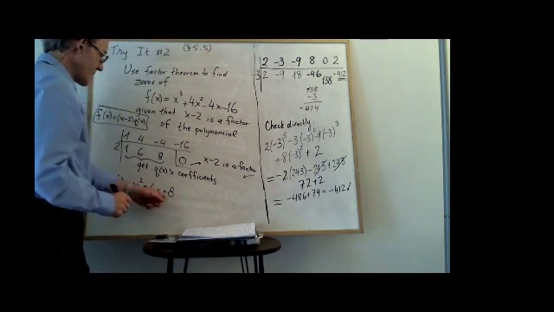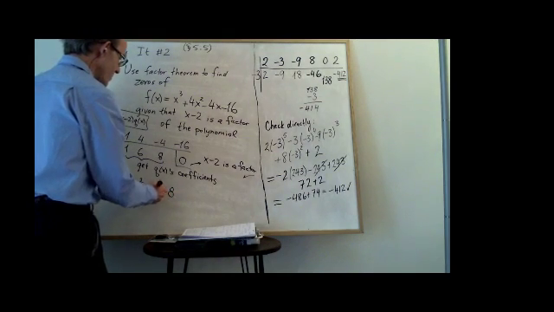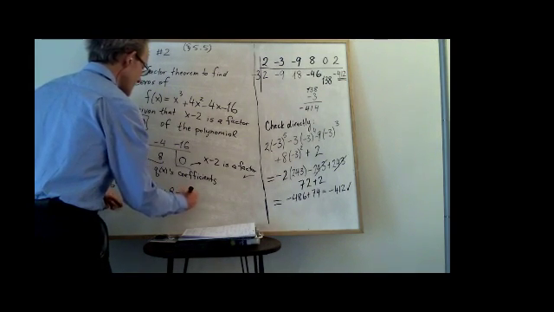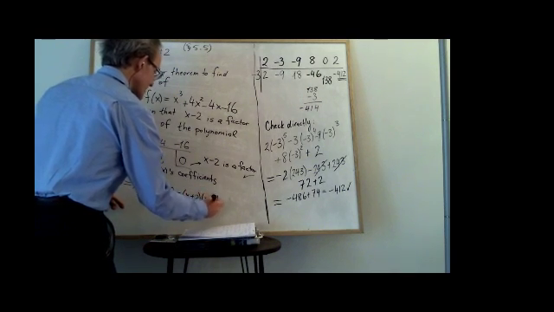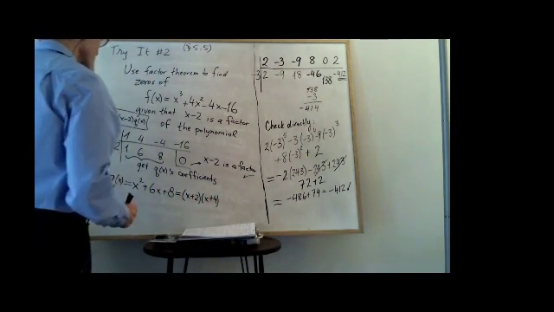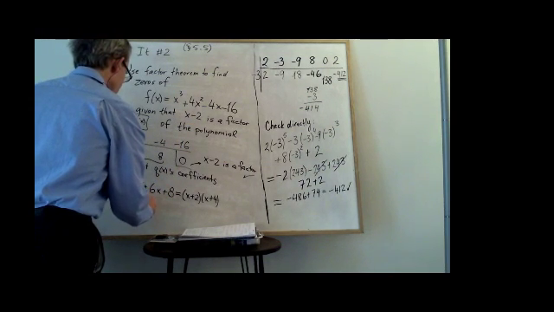Okay, and now this we can factor. We can recognize this is 2 times 4, which, when you add the 2 and 4, you get 6. So you can immediately see it's x plus 2, x plus 4. Okay, and so you get the full factorization: x plus 2, x minus 2, and x plus 4.